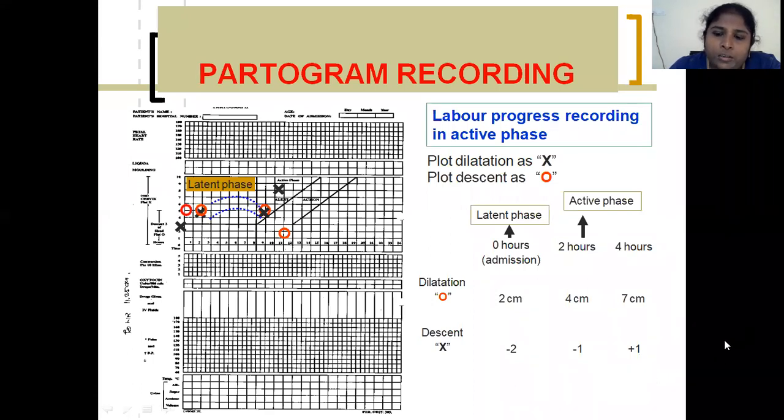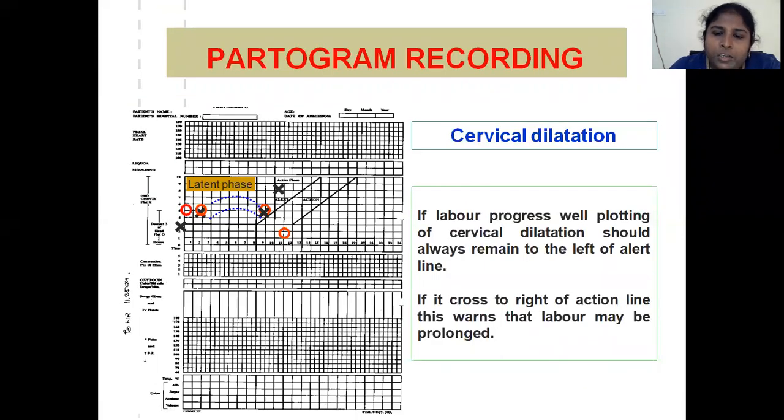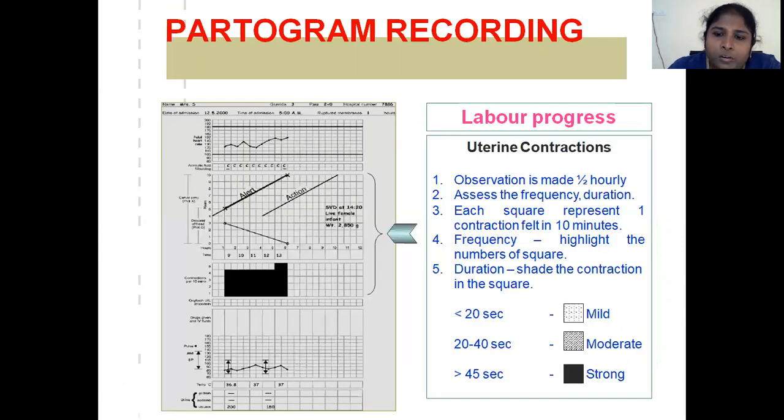At +2 or later, the baby will be expelled. If the labor is progressing well, the cervical dilatation X will remain to the left of the alert line. If it crosses to the right of the action line, it indicates the labor is prolonged.